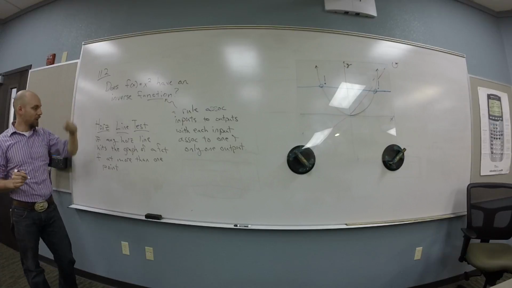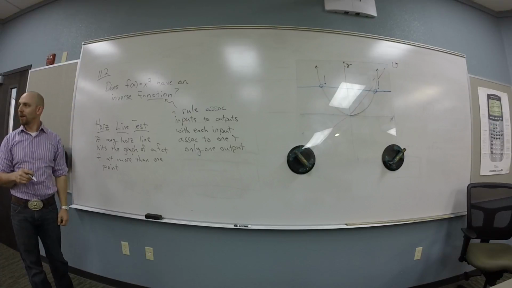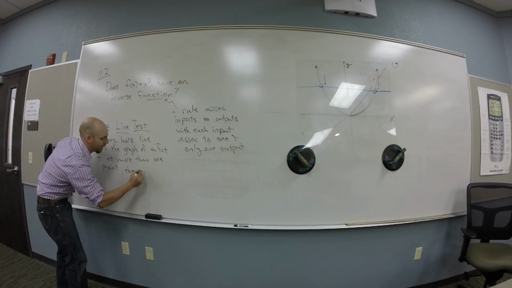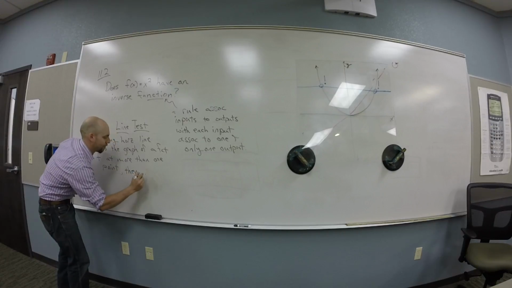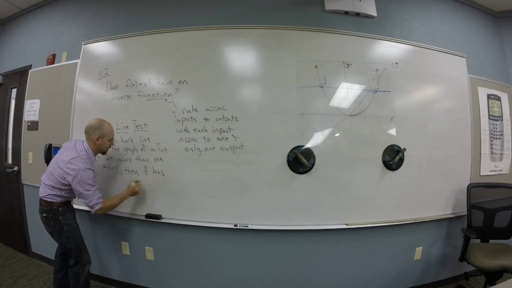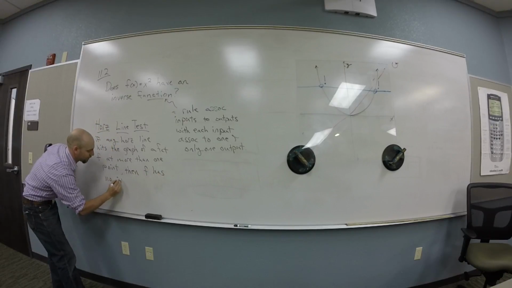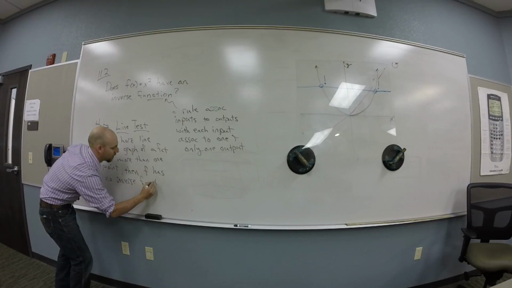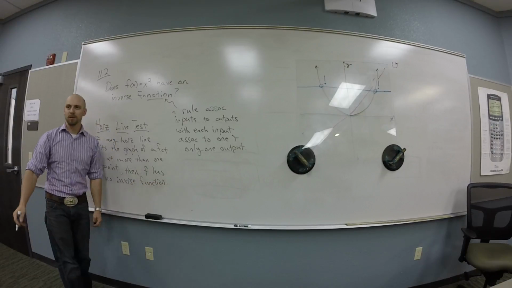So if the horizontal line hits at more than one point, then what? Yeah, then f has no inverse function. Does that make sense?